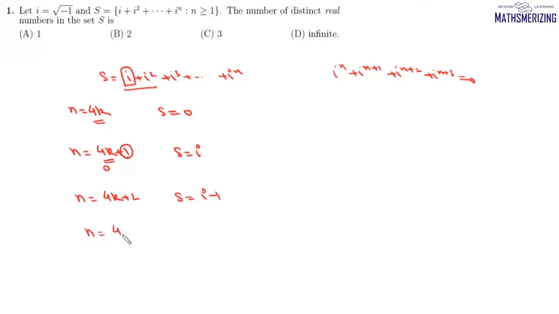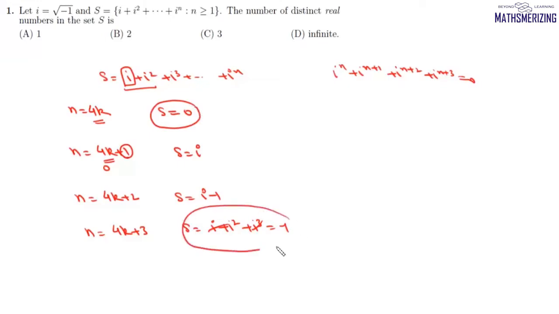And if n is of the form 4k plus 3, then S will be iota plus iota square plus iota cube. Iota will cancel, and this value is minus 1. So there are two real values possible in this set, either 0 or minus 1, and that's your option B.